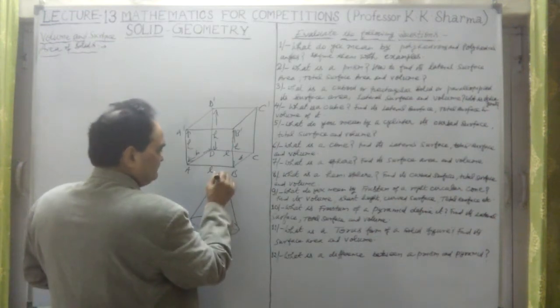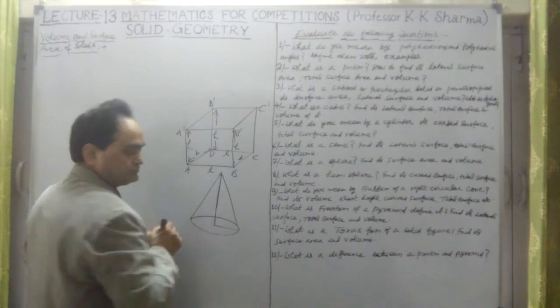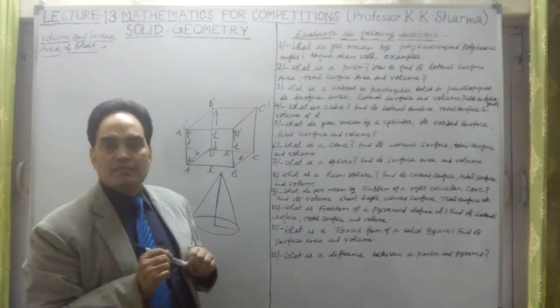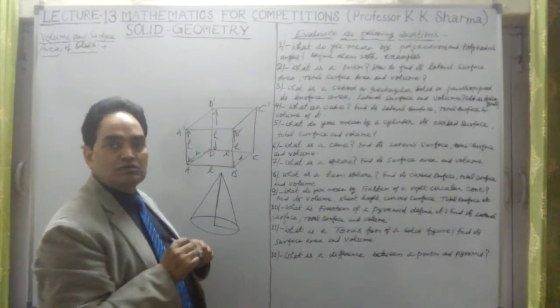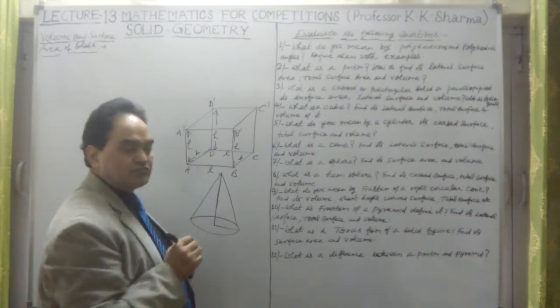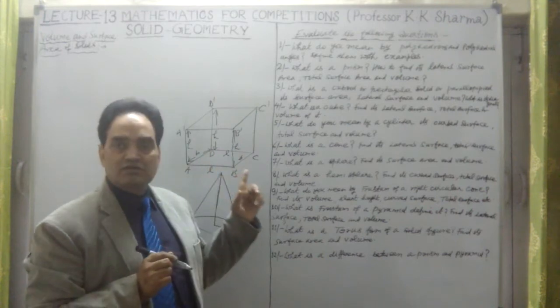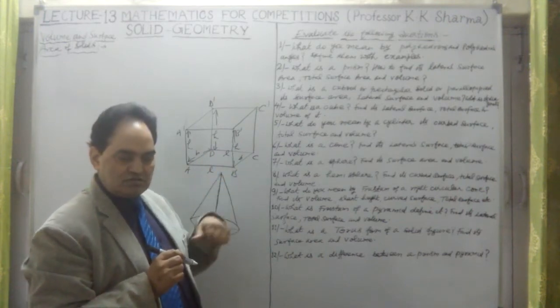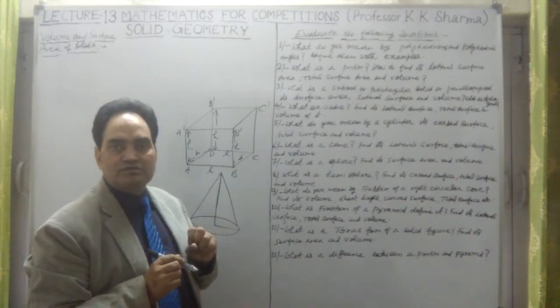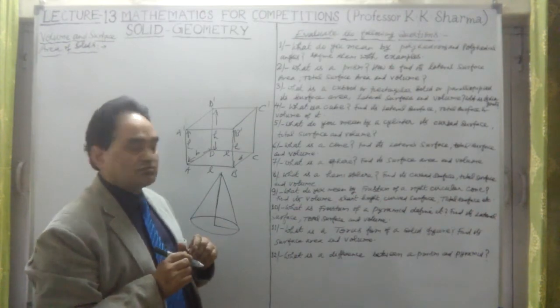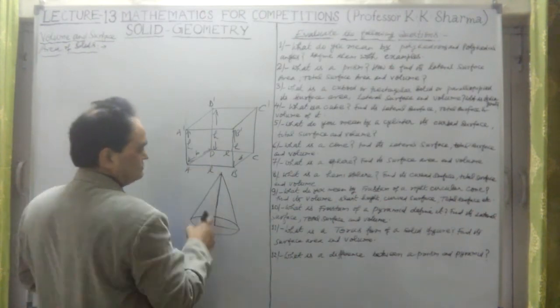Because in case of a two-dimensional figure, we have only quadrilaterals, there are 4 quadrants. But in case of a three-dimensional figure, there are octants. 8 equal parts are there, so they are known as octants. This is a three-dimensional figure.